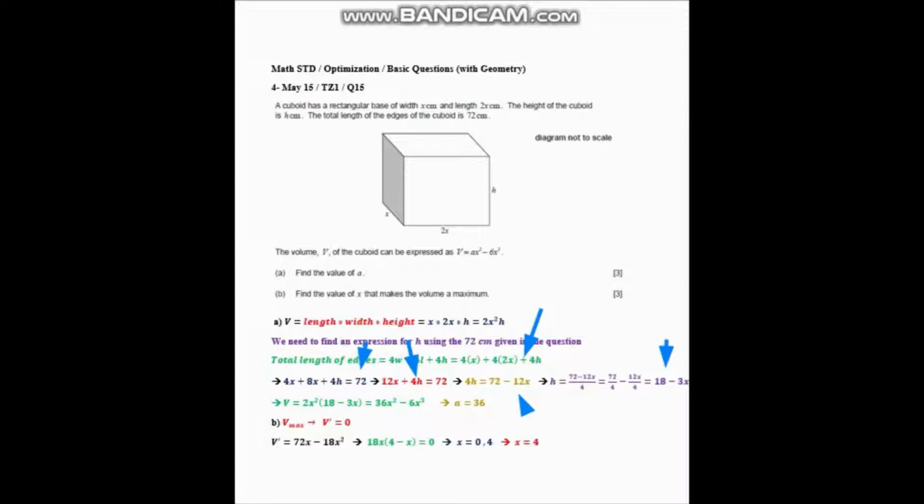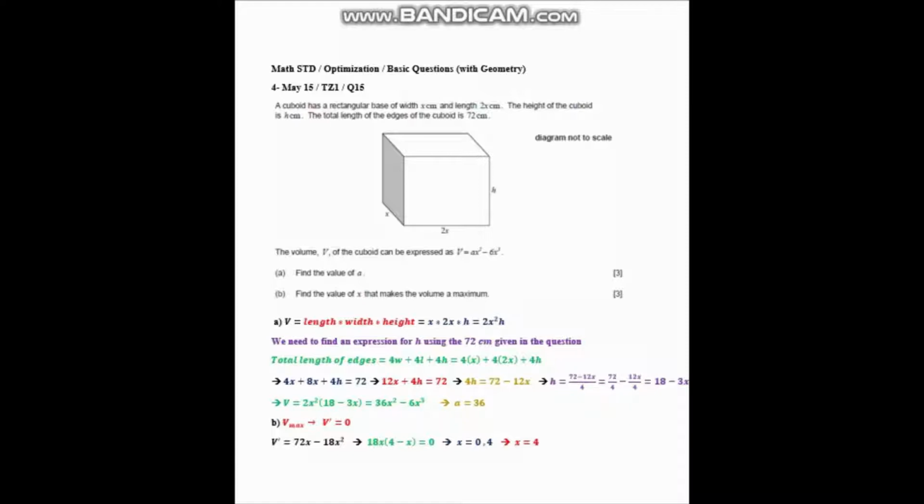If you want to know how I arrived at this answer, I took the 4h on one side and 72 minus 12x onto the other side, so I just transferred this 12x to the right hand side, and then I divided everything by 4, and then I split this single fraction into 2 fractions with a common denominator, and I have simplified, obtaining this expression.